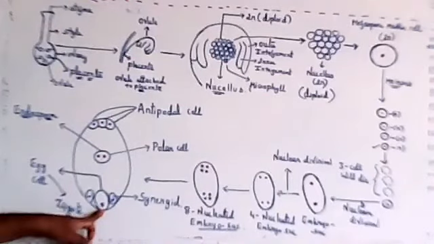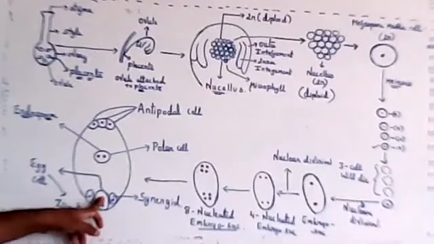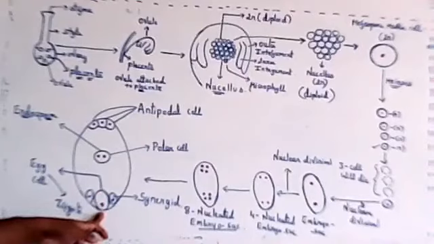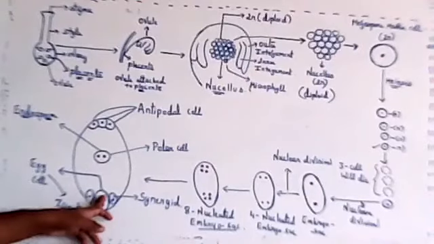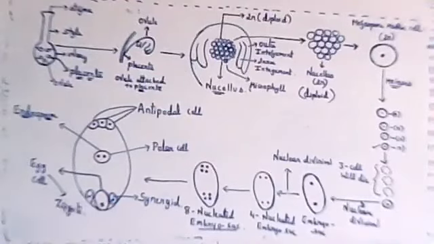The egg converts into zygote and the zygote converts into embryo. When the embryo is developing, it gives rise to roots, then stem, all these regions. It needs nutrition because chlorophyll is not yet present in the seed. I'll tell later what endosperm will do.